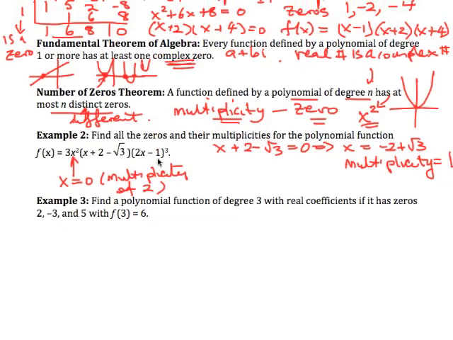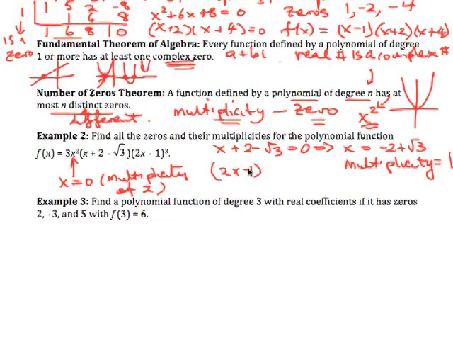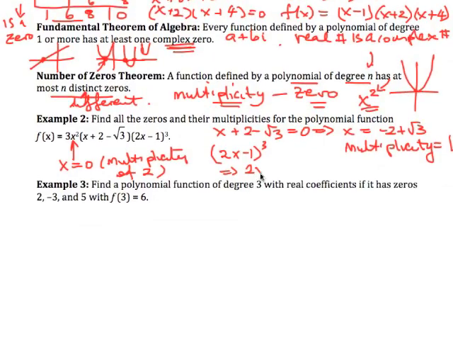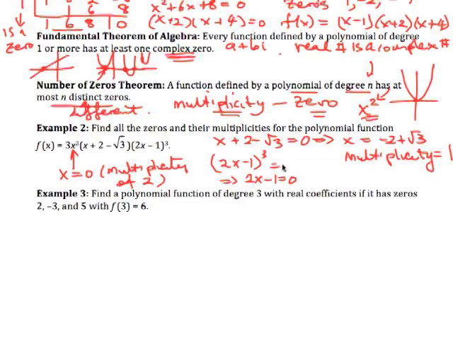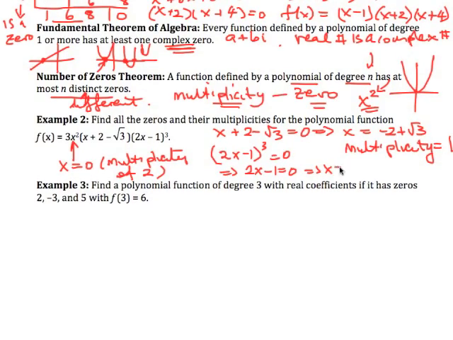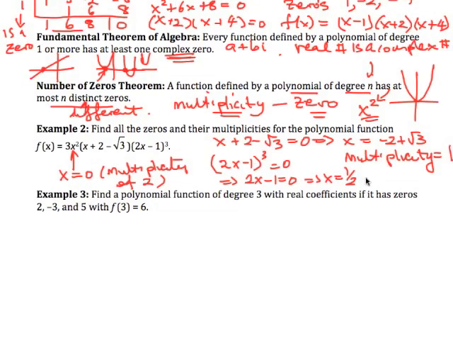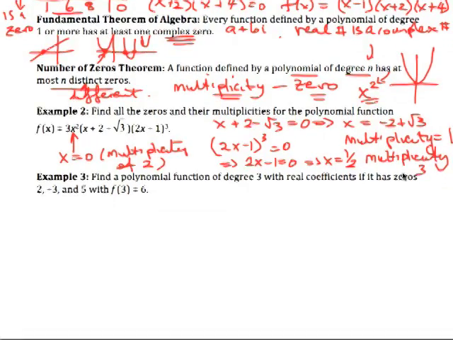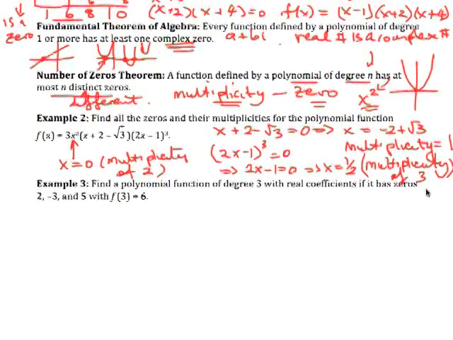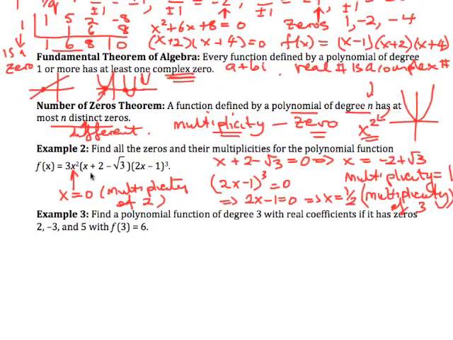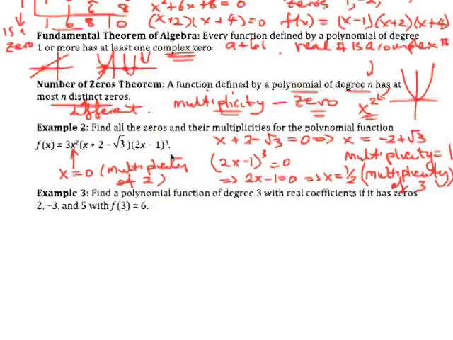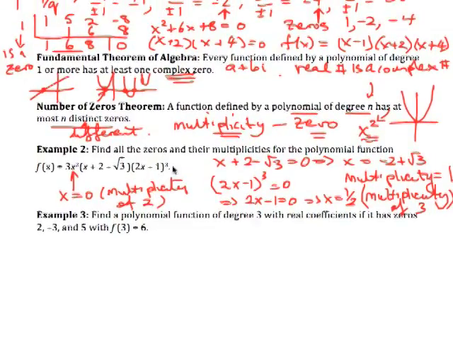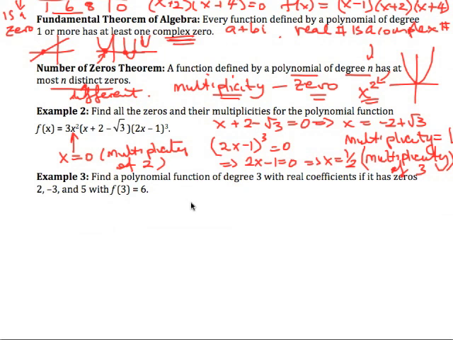Now if you look at this one here, (2x - 1) cubed, this implies that 2x - 1 equals 0, which implies that x equals a half, and this will have multiplicity 3. So once it's in factored form, we can tell the multiplicity of the particular 0, and that tells us how it's touching the x-axis.